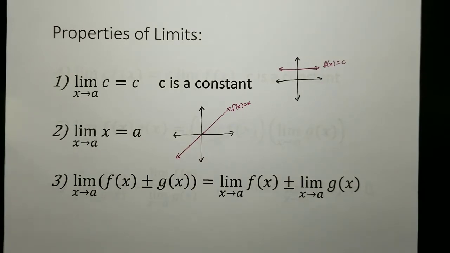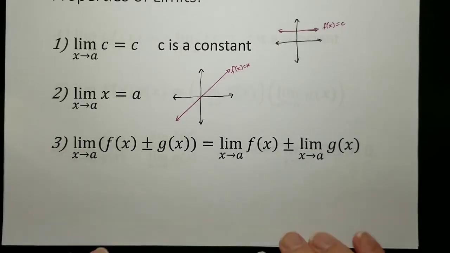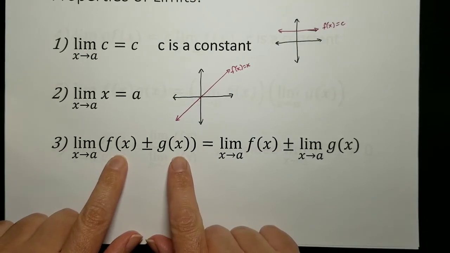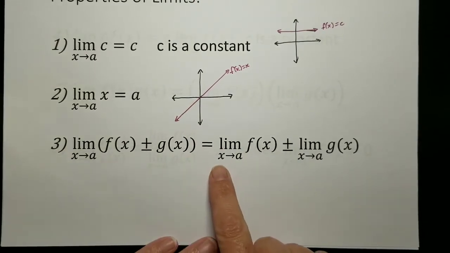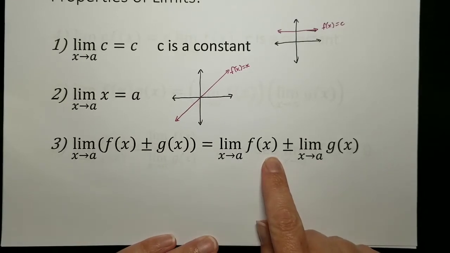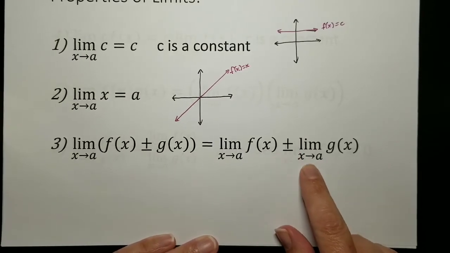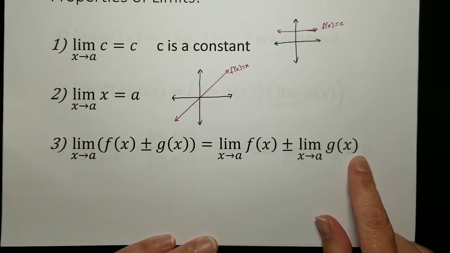The next property is a little bit more abstract, but it states that the limit as x approaches a of a combination of functions that we get by adding 2 functions, f of x plus g of x or minus g of x, we can break apart, and we can take the limit as x approaches a of f of x plus or minus the limit as x approaches a of g of x.